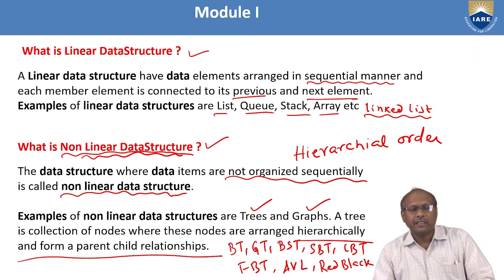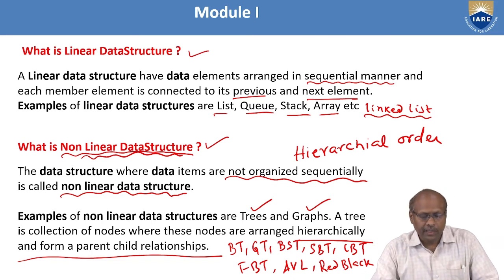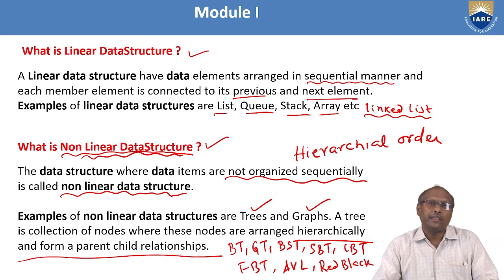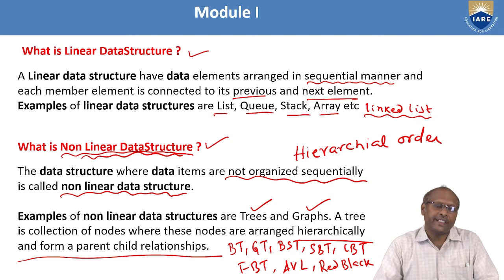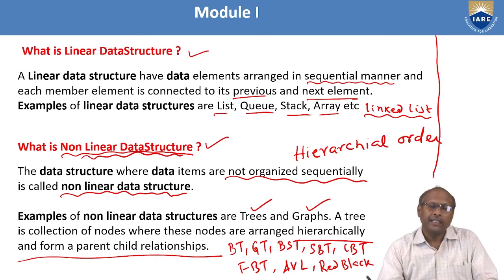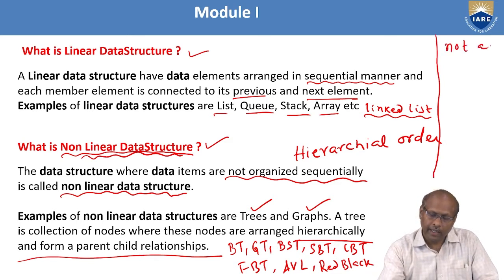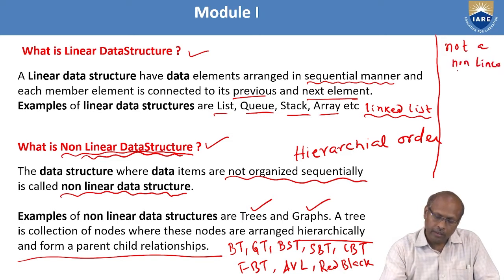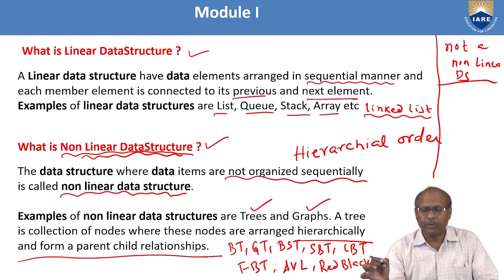Or sometimes they may give a set of items, and you have to find out which one is not a non-linear data structure. They may ask a question like this.